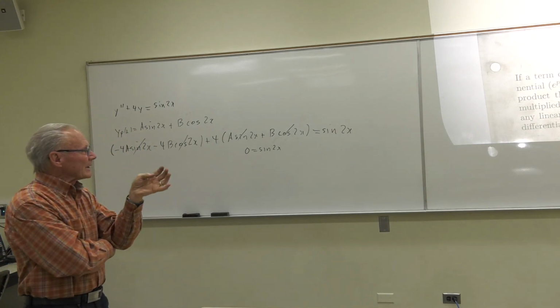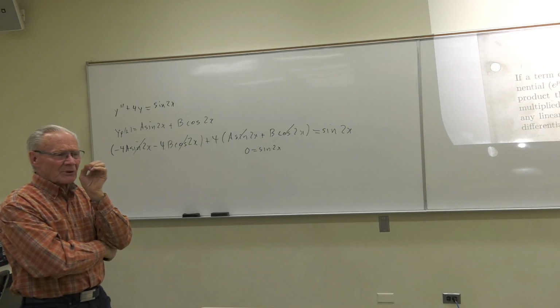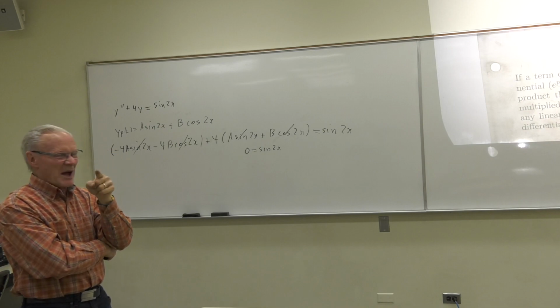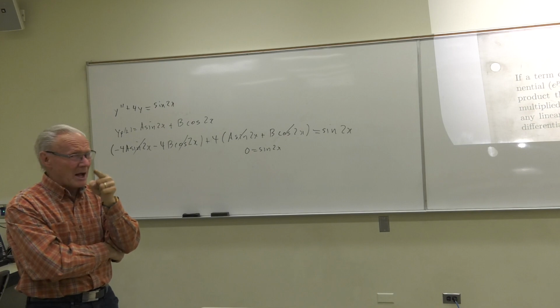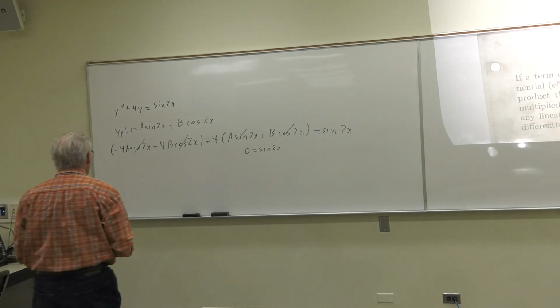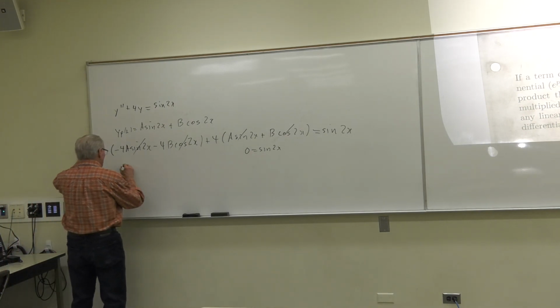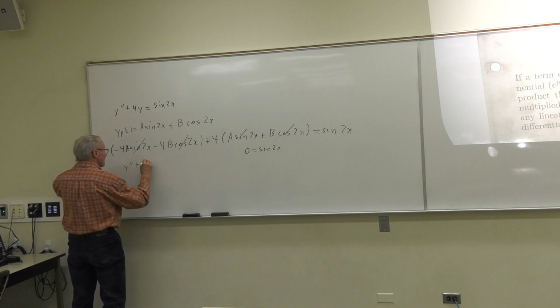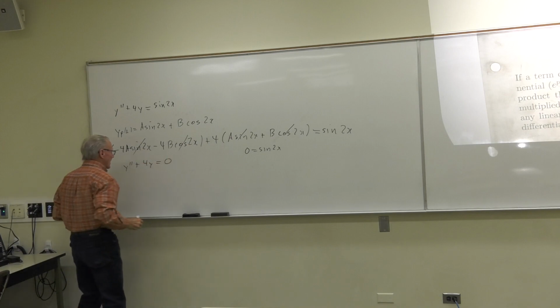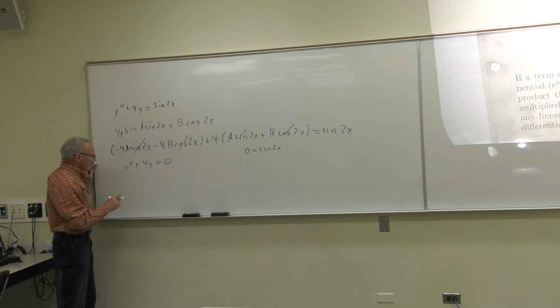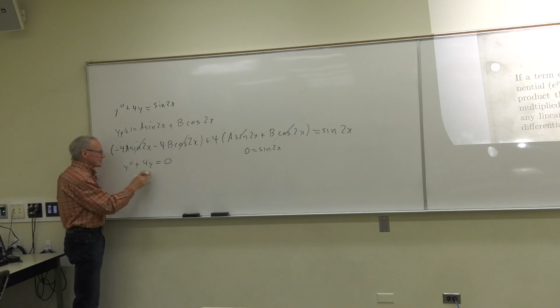Well, if you're really astute, you could have said, I could see that happening. You didn't have to do that. Suppose you went and looked at the homogeneous equation. By now, if you've studied enough, you can say, I can solve this in my head, or just by spotting it.